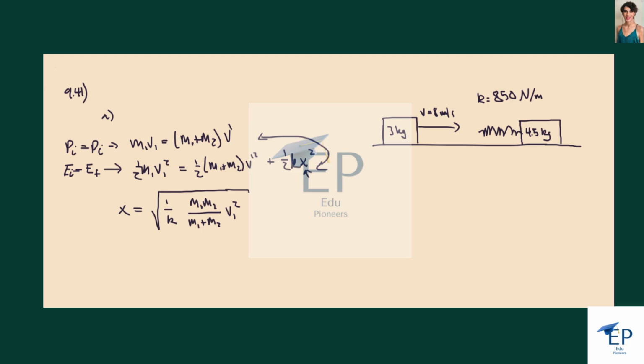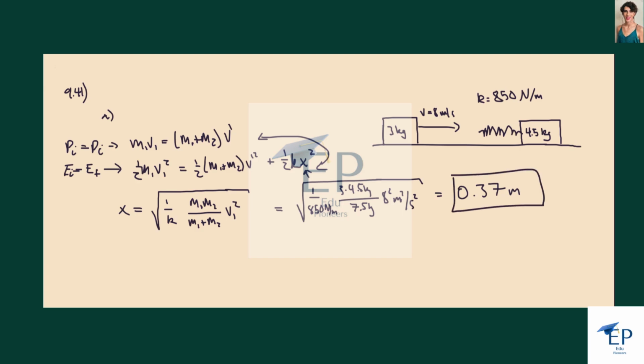Okay, so we know all of these things now, so we can just plug this in. We get the square root of 1 over 850 newtons per meter, then 3 kilograms times 4.5 kilograms over 7.5 kilograms times 8 squared meters squared per second squared. Cool. We plug all this in, we get an answer of x being 0.37 meters. That is our maximum compression.